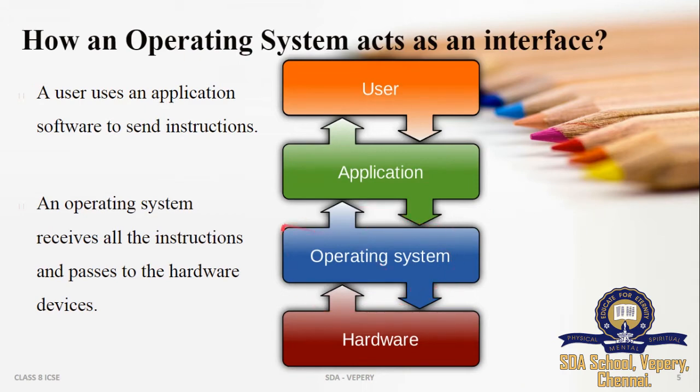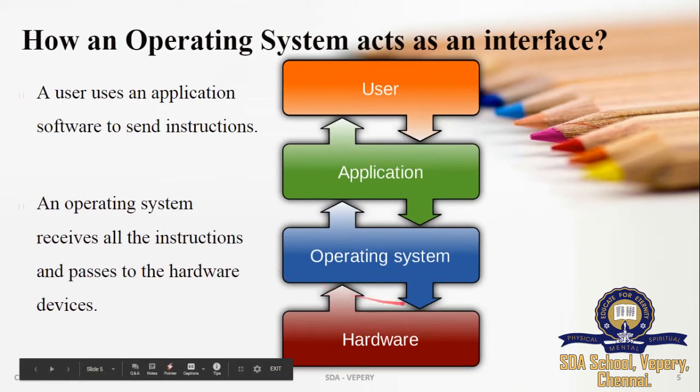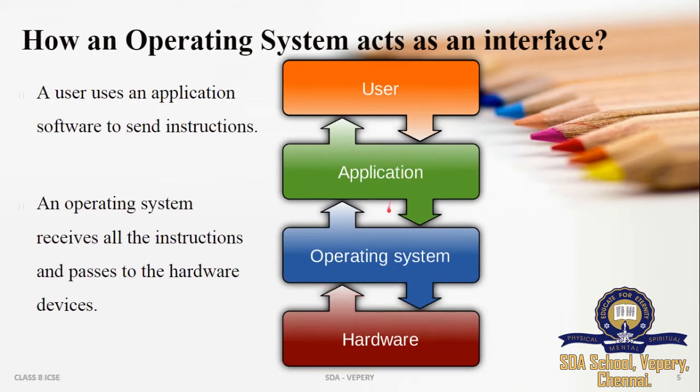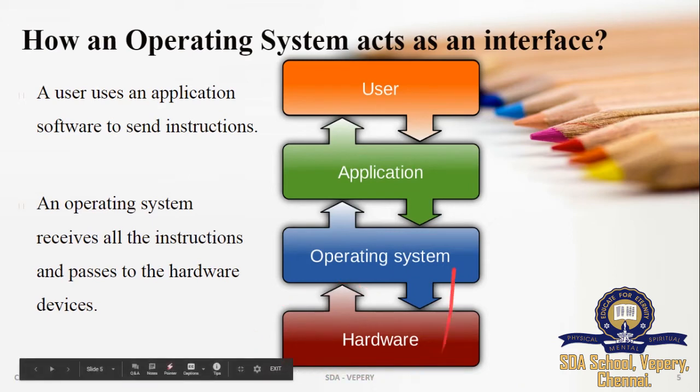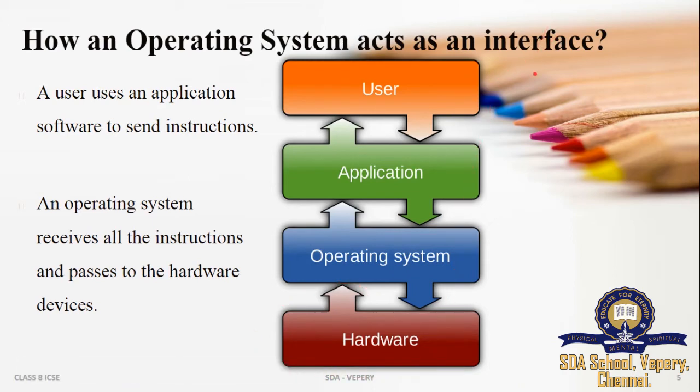Before displaying the content for you on the screen, it will receive the instructions and convert those instructions into machine understanding language, and then it will be transferred back to you through the application software as user understandable language.